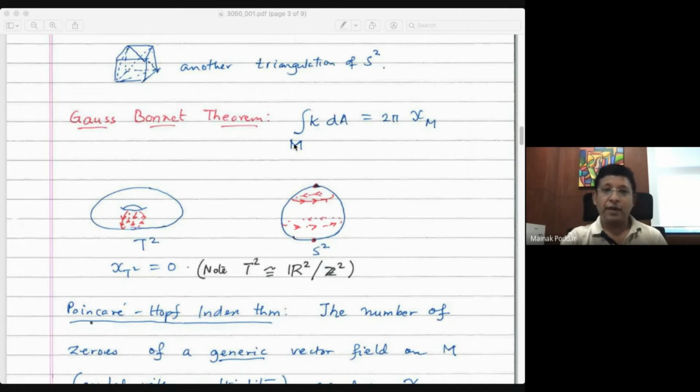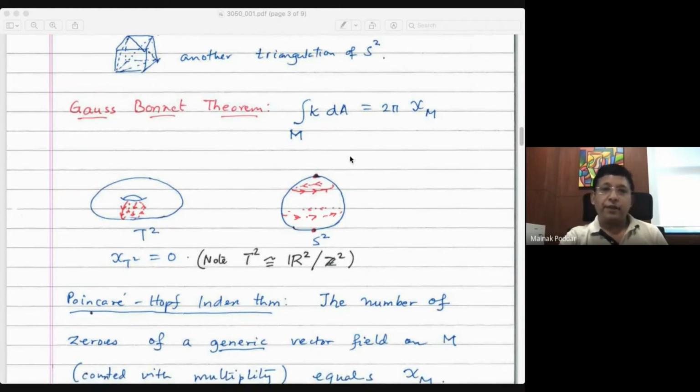Now this is stated for any two-dimensional manifold which is compact and without boundary, and with some nice assumptions, a smooth manifold. There are also higher dimensional analogs of this.